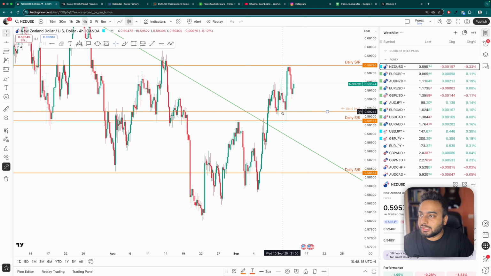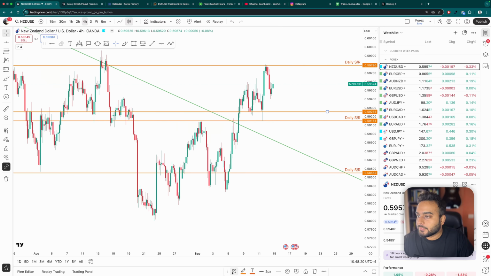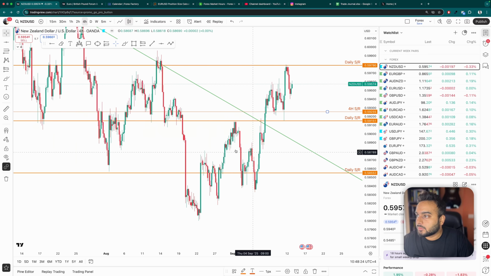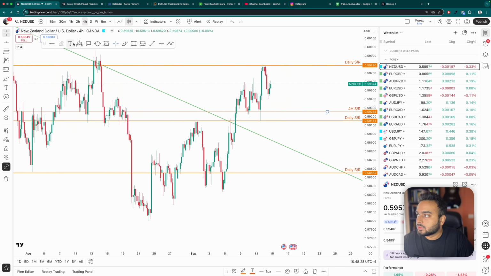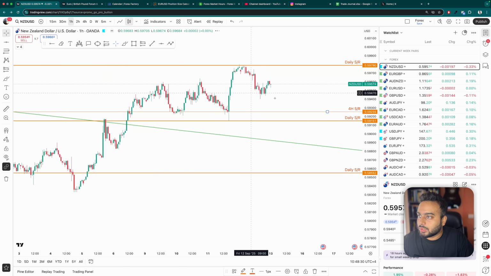So let's add it here, 4 hour support resistance. So all we want now is for price to come here. Let's see on 1 hour. It's already a big swing high and a swing low, so even if the price comes here, the change of structure is not going to happen.